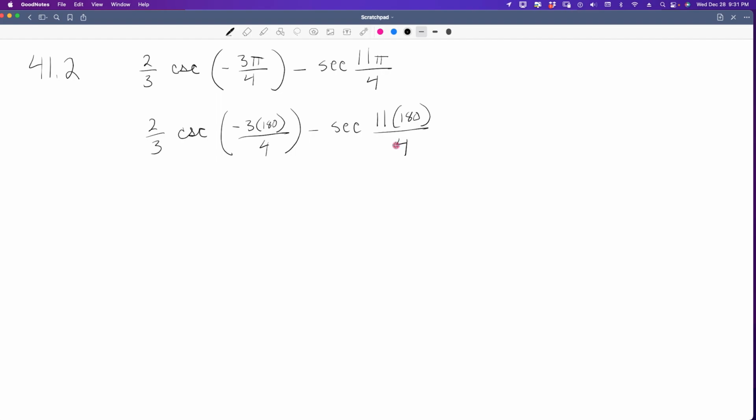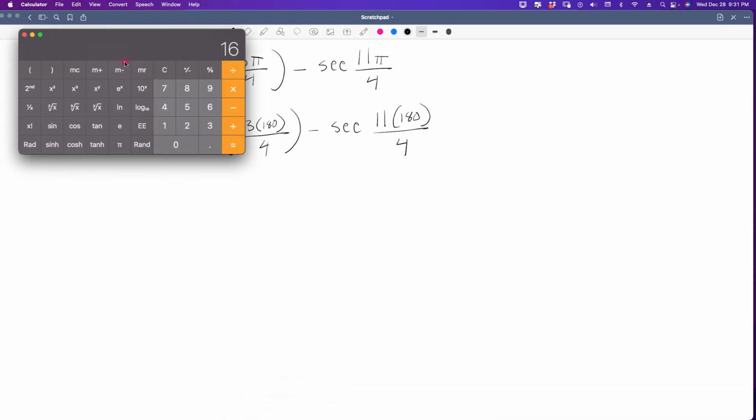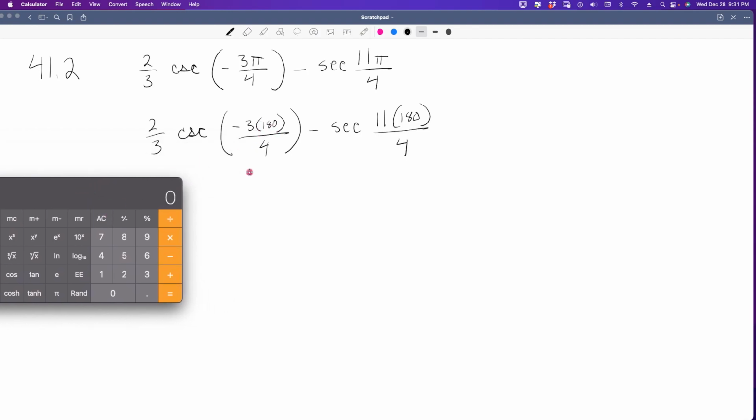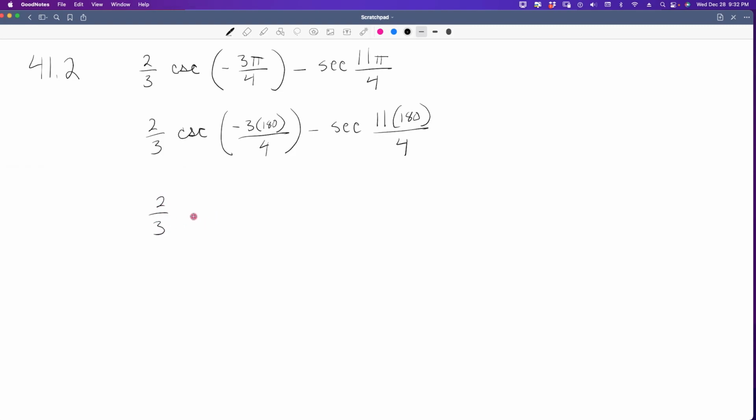what we end up with is, let's see. Get my calculator out, because they didn't do this part in the book, but we know we can do that. So I'm just going to go ahead and do that. Negative 3 times 180 divided by 4 is negative 135. So 2/3 the cosecant of, what did I say that was?